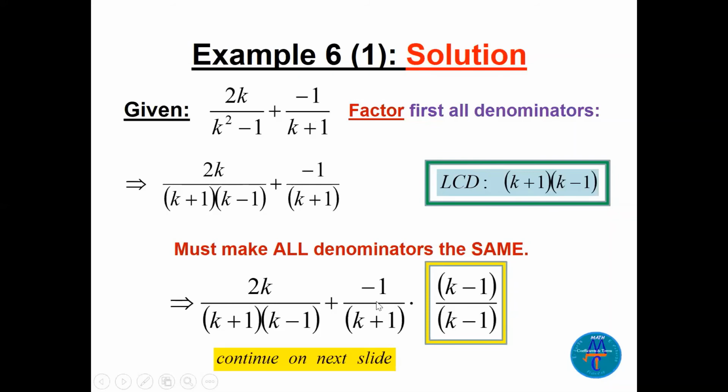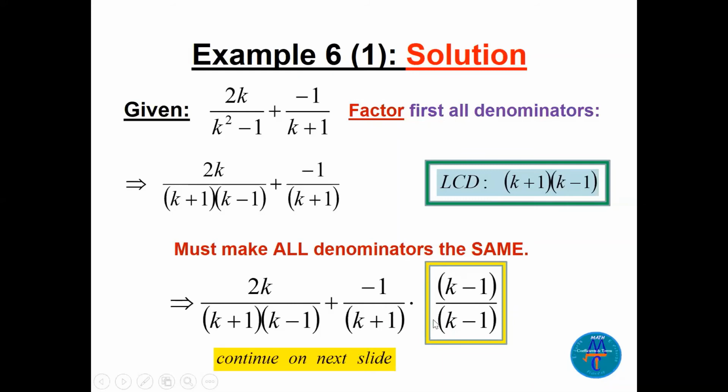So the only thing I can do, leave the first one, multiply up and down by the factor from the LCD to make it the same as the LCD. See, what's missing here? k minus 1, so up and down should be, it's like 1. So now 2k over this, minus 1 times this, k minus 1 over this times this. That's a product. Now we continue in the next slide.